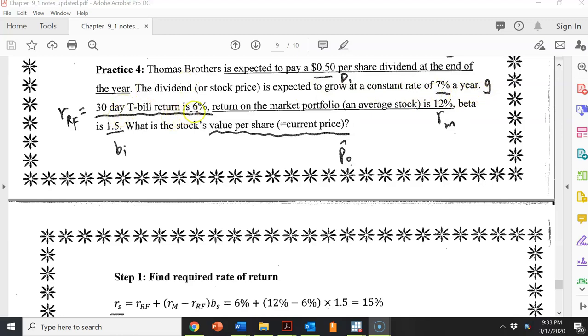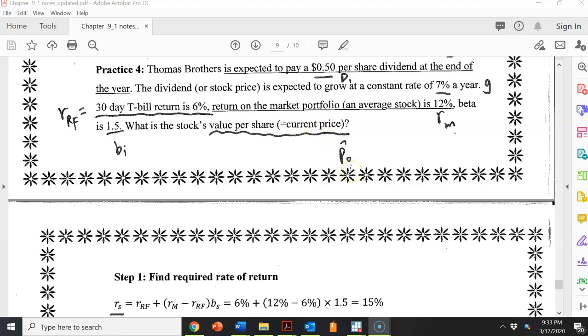The 30-day Treasury bill return is 6%. Remember, the 30-day Treasury bill return is the risk-free rate, RRF, 6%. Return on the market portfolio, as an average stock, RM, is 12%, and beta is 1.5. What is the stock value per share? Stock value per share is the same as stock price.